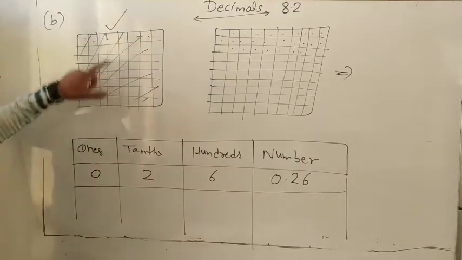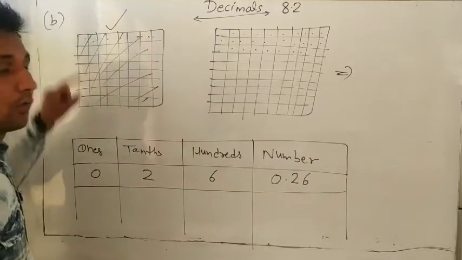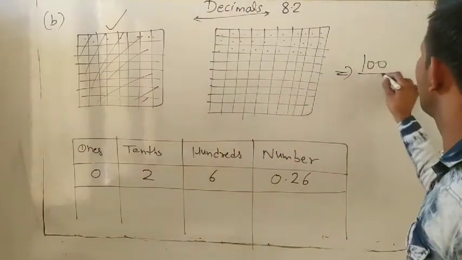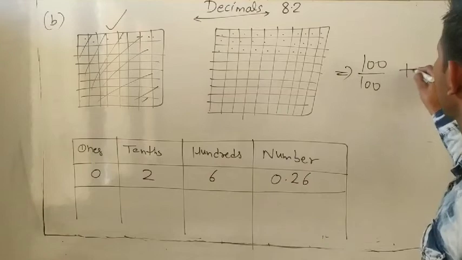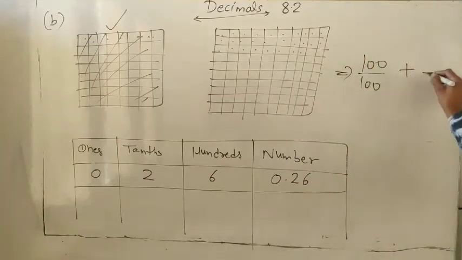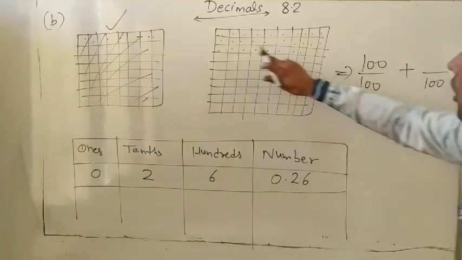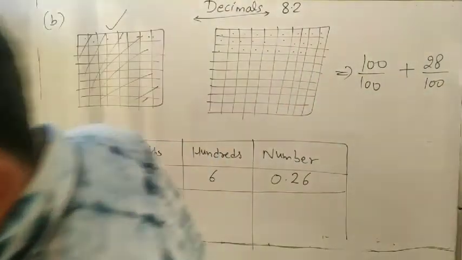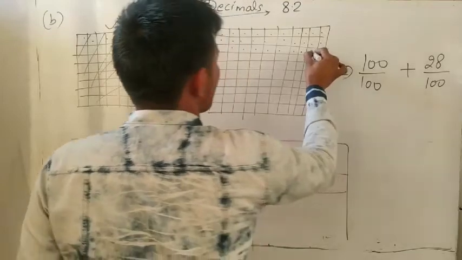In this box, 100 out of 100, yes. Total is 100 boxes, and in the other box the total is 100 and how many are filled? It is 38.